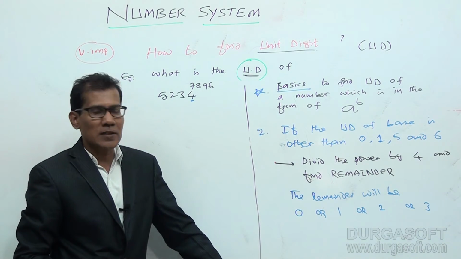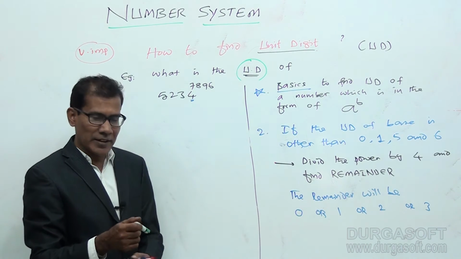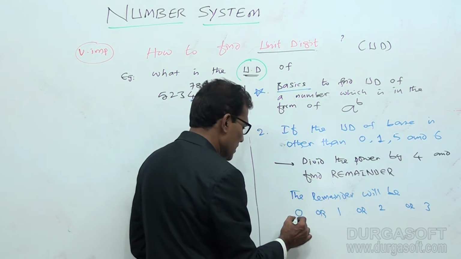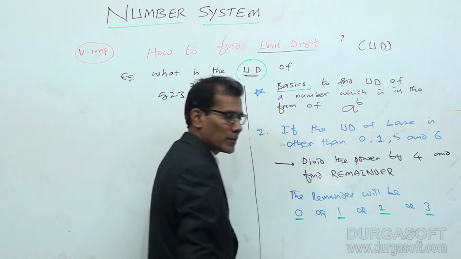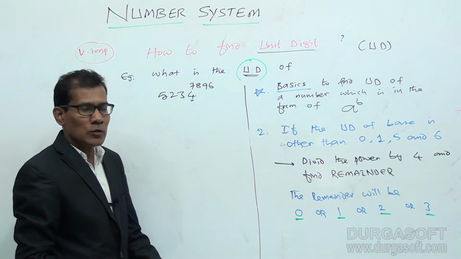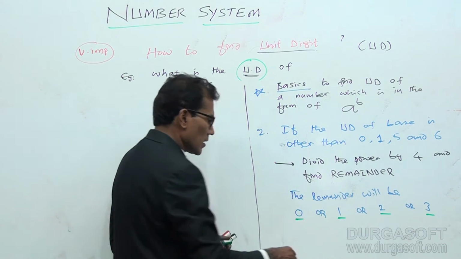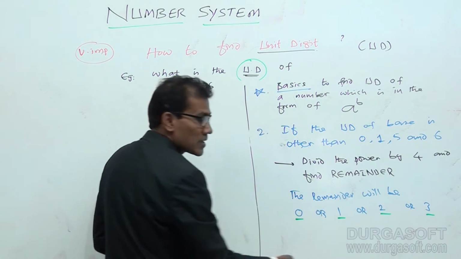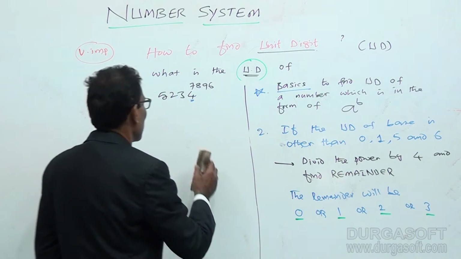When any number is divided by 4, there are only 4 possibilities for the remainder. The remainder may be 0, or 1, or 2, or 3. And there are 2 different rules we have. In case the remainder is 0 is one rule. If the remainder is 1 or 2 or 3, there is another rule we apply.